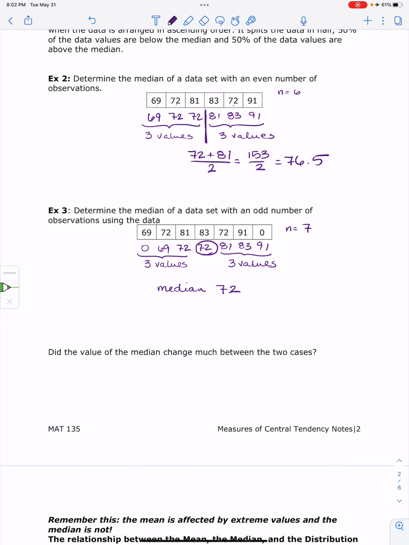Notice here that when we added in that 0, that outlier, this does not change that much. So here, we changed by 4.5%.